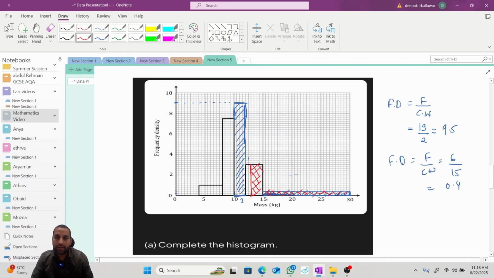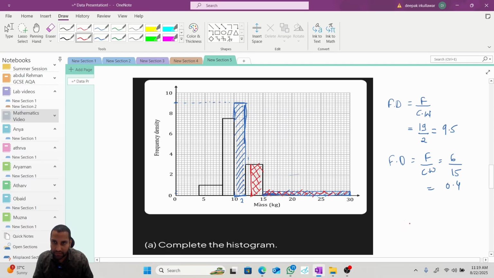Look here, this is your class width, and this is frequency density. If you calculate area, that means you are calculating x into y.